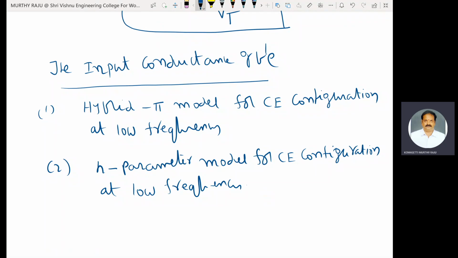Consider these two models, and we have to make some assumptions to determine the input conductance GB dash E.